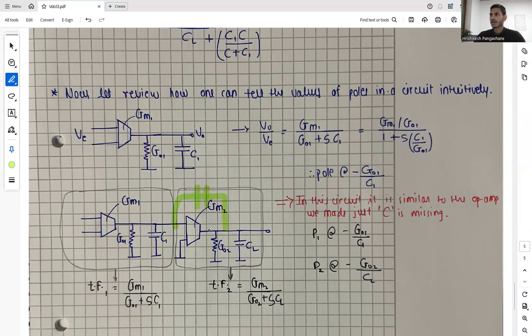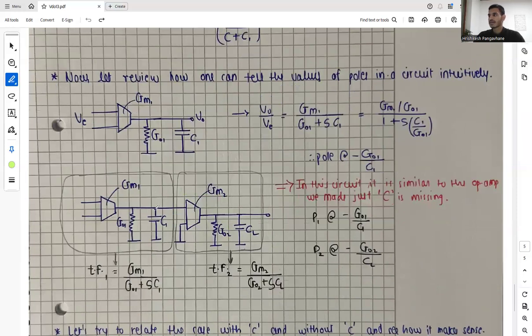By looking at this circuit, the transfer function of this part is gm1 divided by go1 plus sc1, and similarly for the second part. We can say that P1 lies at minus Go1 by C1, and P2 lies at minus Go2 by CO2. But complications occur when we have a capacitive network.